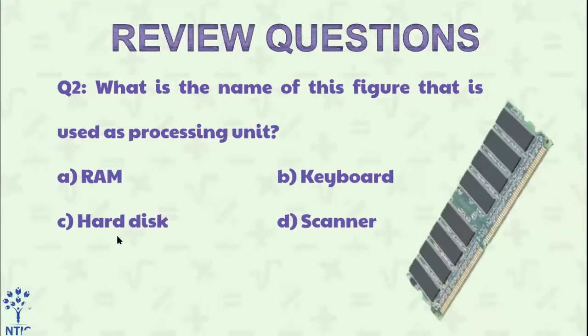Maybe you think it is a hard disk, but unfortunately it is not. This is definitely RAM. What does RAM mean? This is temporary memory we use in the system unit on the motherboard. Random access memory.